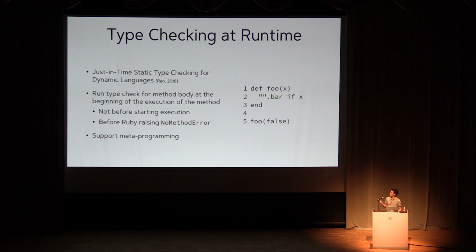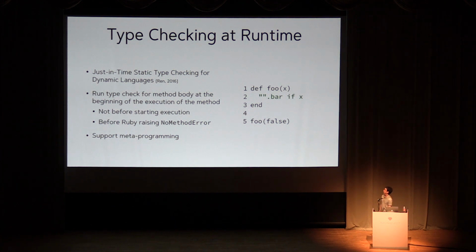It is a really good paper. The algorithm is to type check Ruby programs during execution. When the program execution reaches the beginning of a method, it type checks the method body.